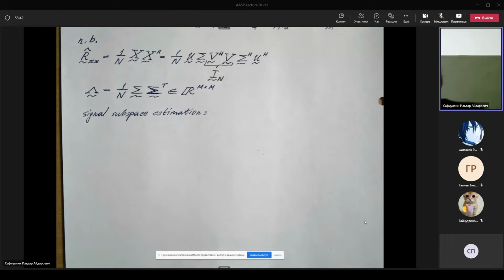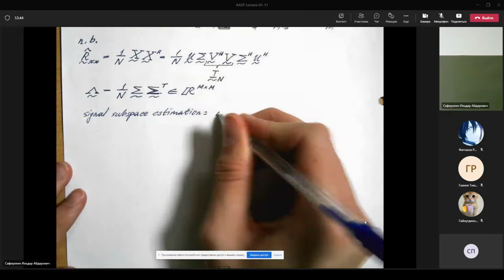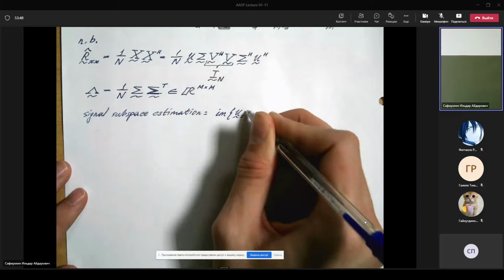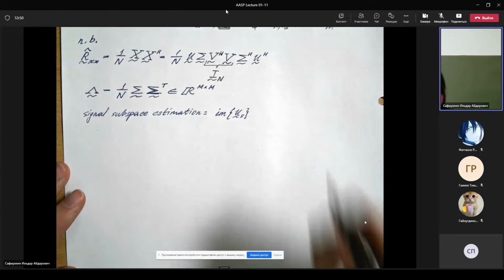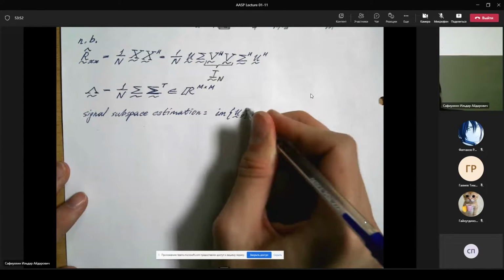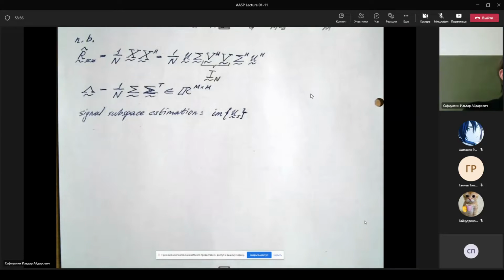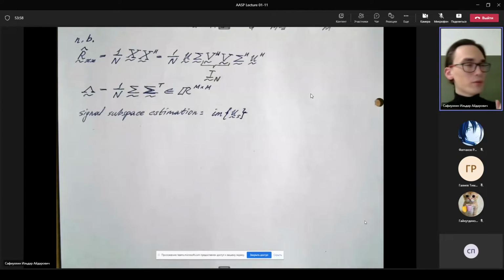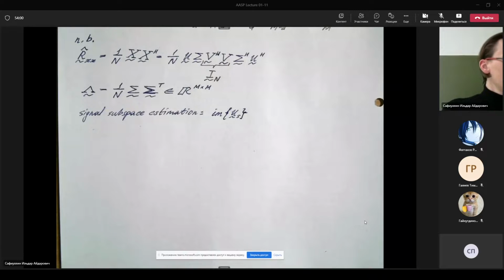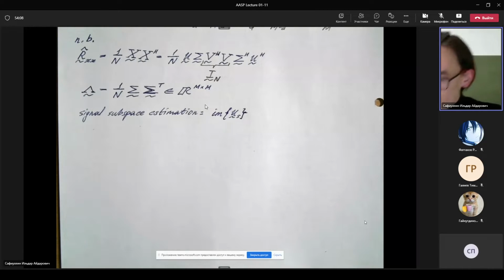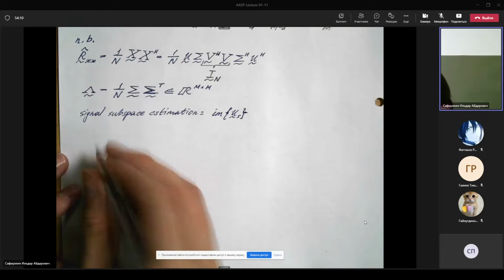This one is the image of U subscript S, and maybe we will add some little changes for the previous cases with noise case and without noise case to see some differences here.